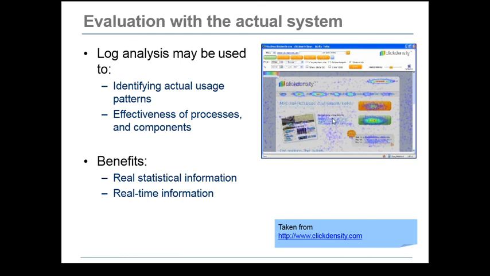So log analysis may be used to identify actual usage patterns. We have to identify the actual usage pattern. Then we have to find out the effectiveness of processes and the components used in this particular form. Then what is the benefit for that? Real statistical information and real-time information will be gathered.